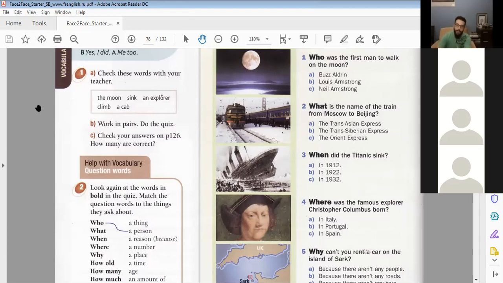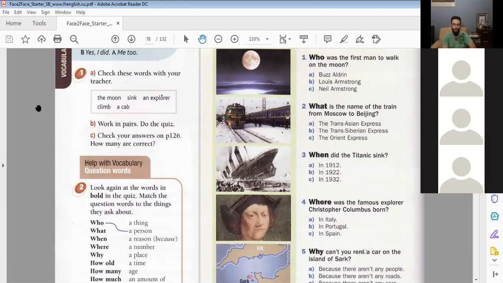Sink in water, yes. But sink we usually use for objects, not for people. For example, if you throw a coin in the water, it will sink. Or if you throw a spoon, or something heavy, something metal, in the water, it will sink.